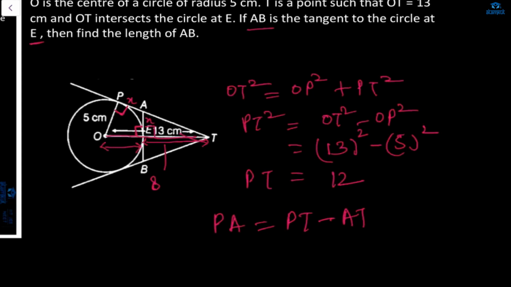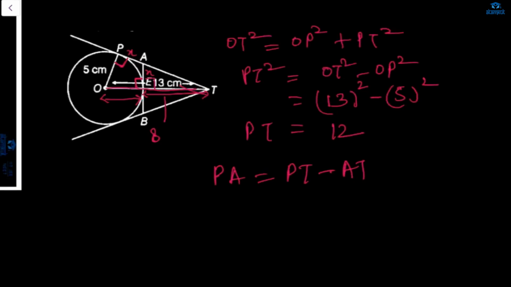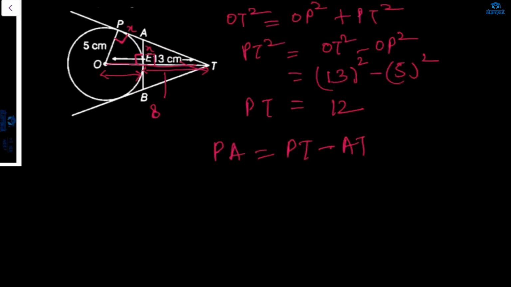And AT will be what? AT can be written as root of 8 square plus x square. AT can be written as 8 minus x? And the PT we have got as 12. If we are finding out the value of PA, how will AT be 8 minus x?